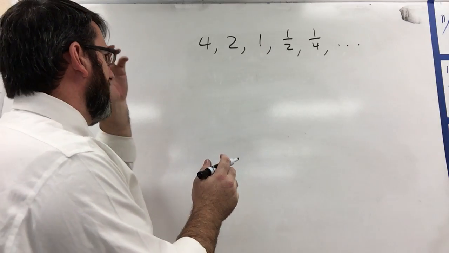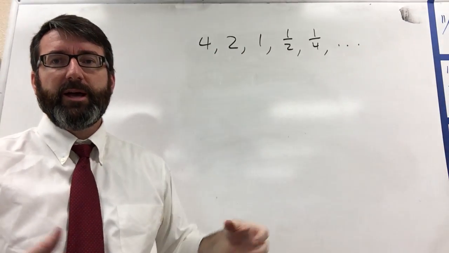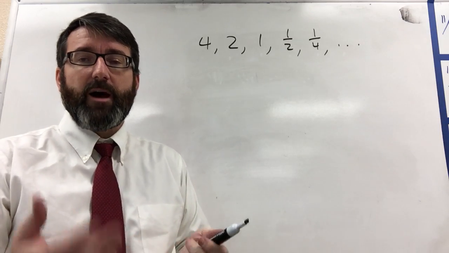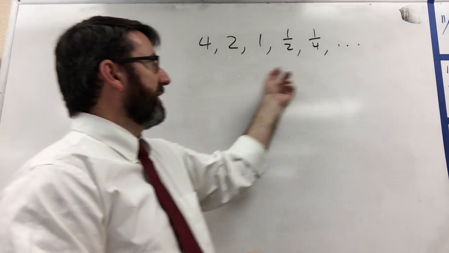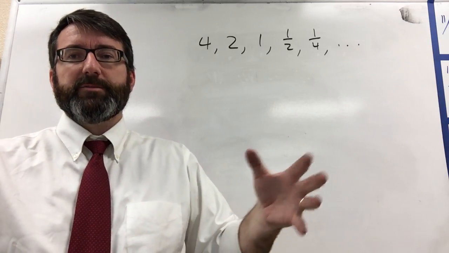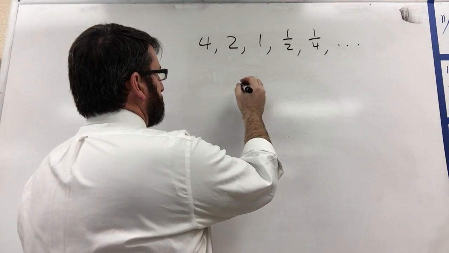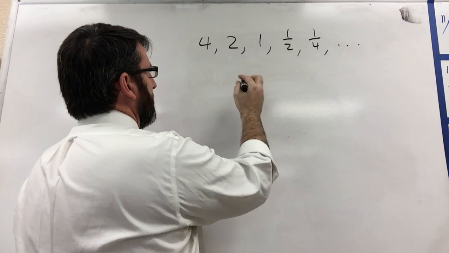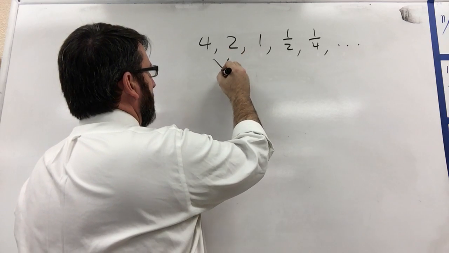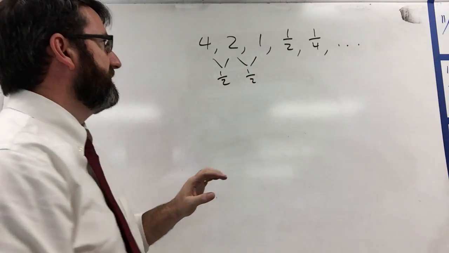All right, so this only works if our common ratio is less than 1. If the common ratio is less than 1, then we're getting smaller and smaller, and we can actually add up the terms of an infinite series. So in this case, our common ratio is 1/2. Right? We're multiplying by 1/2 each time.